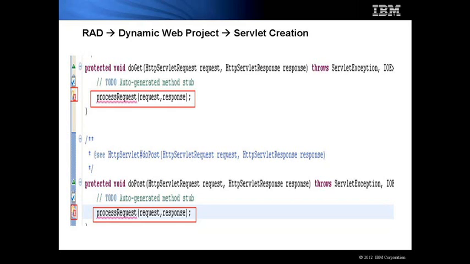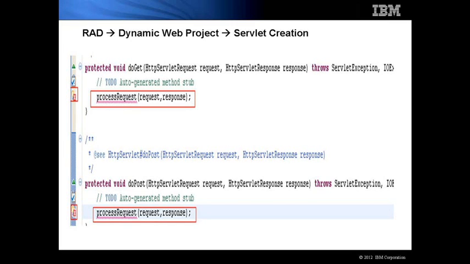Request and response are the two parameters that we pass in processRequest. Once you put this, you can see an error mark along with a light bulb icon. This light bulb icon is known as quick fix in RAD.